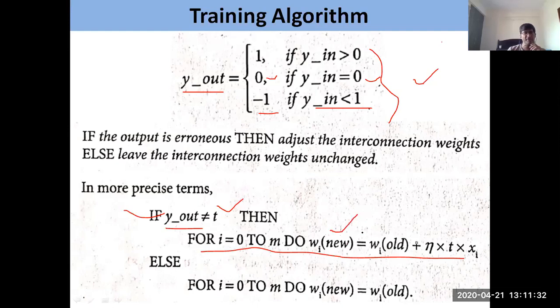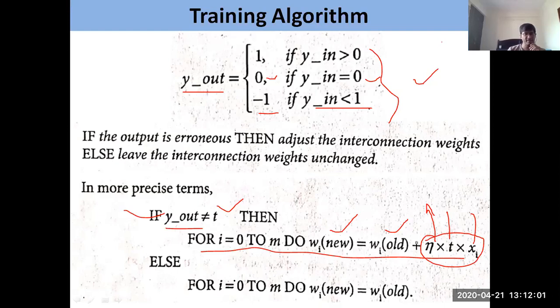So the new weight would be calculated by a formula: the new weight is equal to the old weight plus the weight updation rule, which includes your learning parameter, which can be any value between 0 and 1. Then we have your target value, and then your input value. So these are the factors that would be used in order to find your new weights.